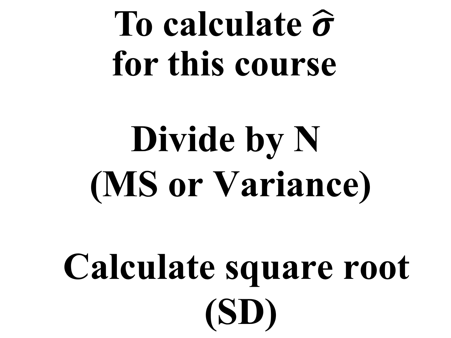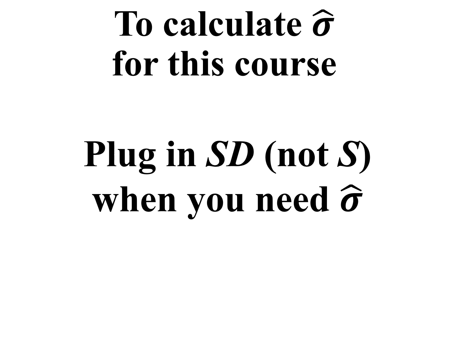That is, after you calculate the sum of squares, just divide by n as you always have to get the mean square, and then calculate the square root of the MS just as you always have to get the standard deviation. For this course, plug in SD, not S, when you need the estimator for sigma.